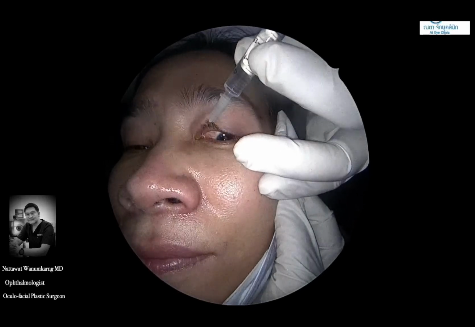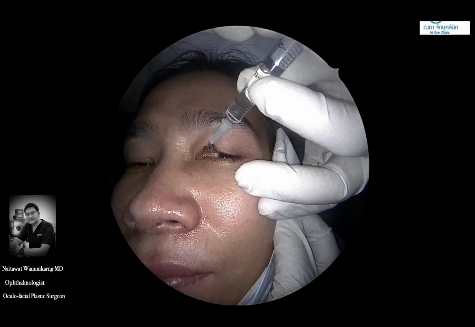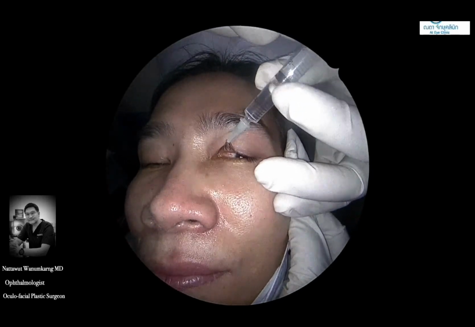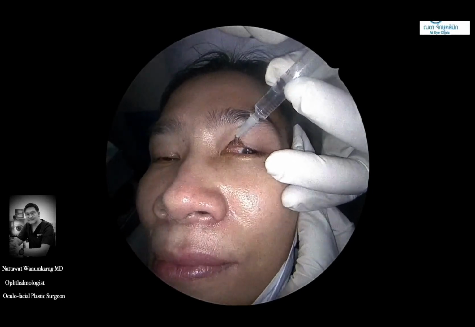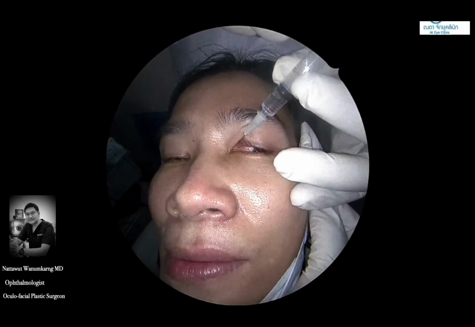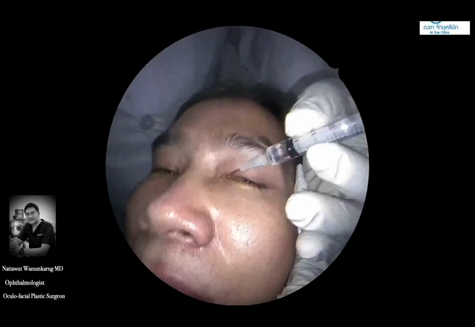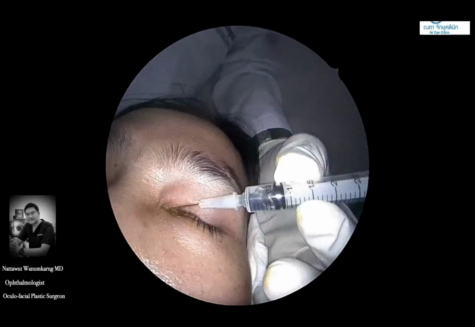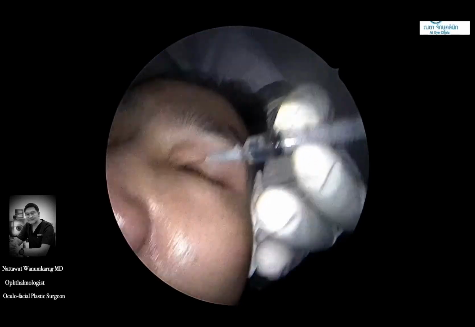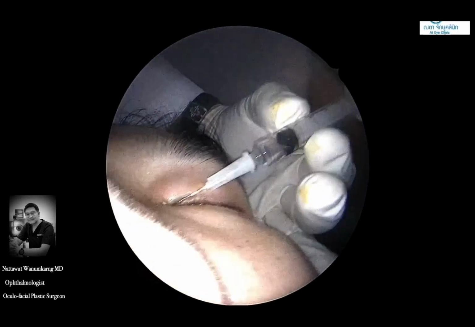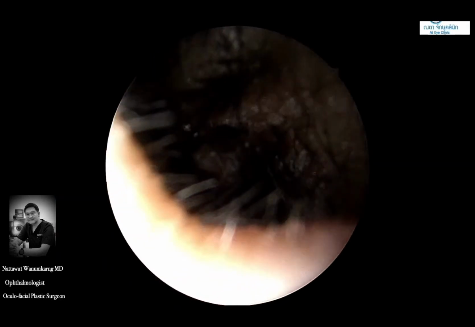You can see that the tip of the syringe can be passed freely through the upper part of the lacrimal system, and you can see the water flows 100% without resistance. I ask the patient whether she feels the water or not, and she says the water flows more easily.